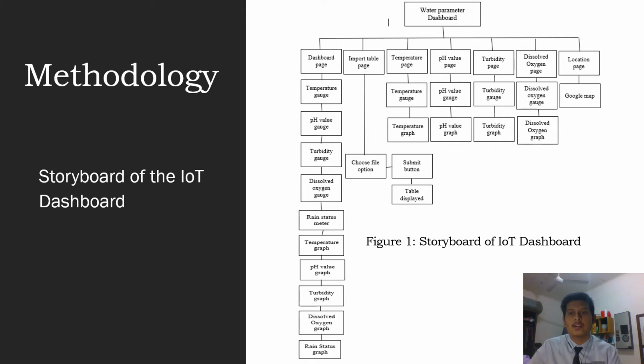The sixth one is the dissolved oxygen page, which has a dissolved oxygen gauge and dissolved oxygen graph. The last page is the location page. It will display a Google Map of the related lake.